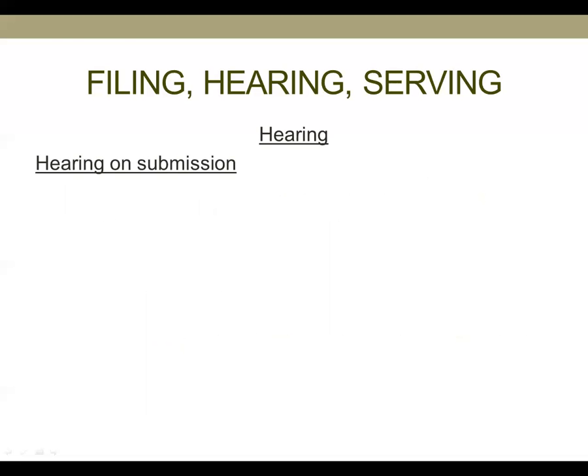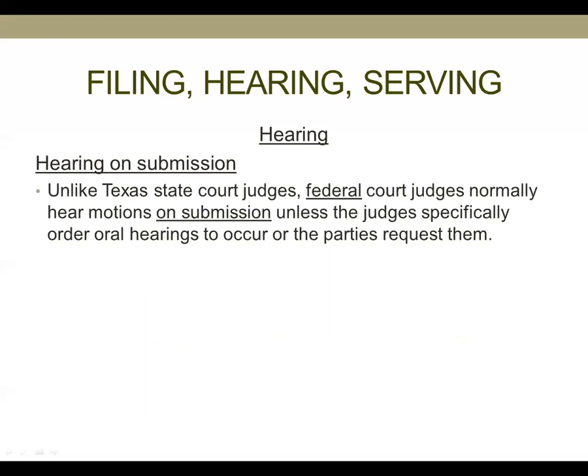Now, once you've got it on file, one thing to know about federal courts is that unlike state court judges in Texas, federal court judges normally hear routine motions on submission, unless either the judge wants to have an oral hearing and requires it, or one of the parties requests an oral hearing.